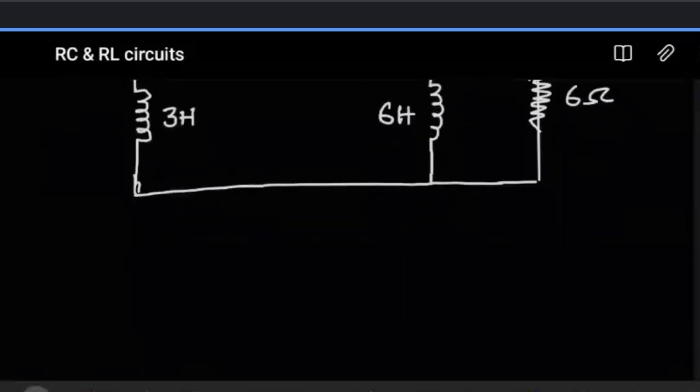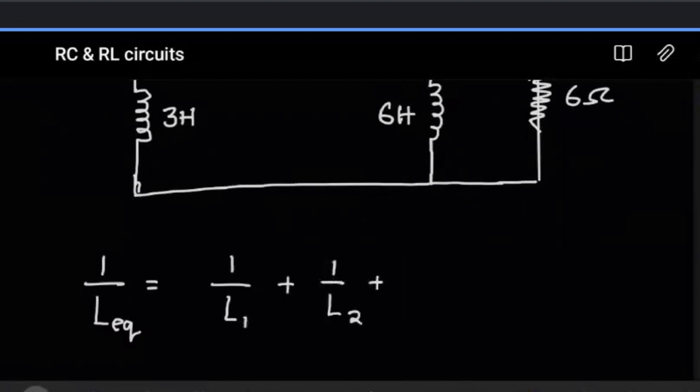So it's basically 1 over the total inductance, or the equivalent inductance, equals 1 over the inductance of the first one plus 1 over the inductance of the second, and so on. But in this case, we are only looking for 2.